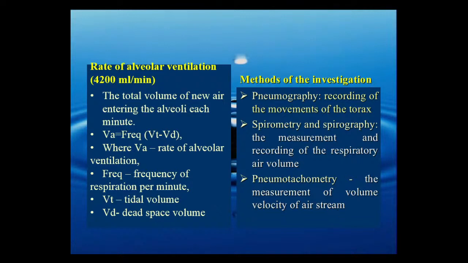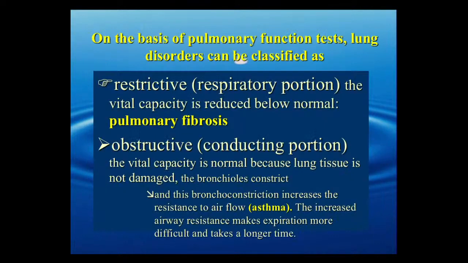And if we have constriction of this portion and different respiratory ducts in this system, in this case volume velocity will be more, and we can estimate disorders of functioning of this portion. And these two types of disorders, in the respiratory and conducting portions, give us two groups of disorders of the respiratory system.